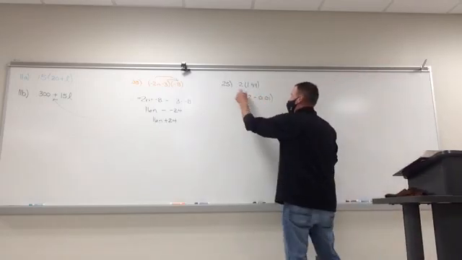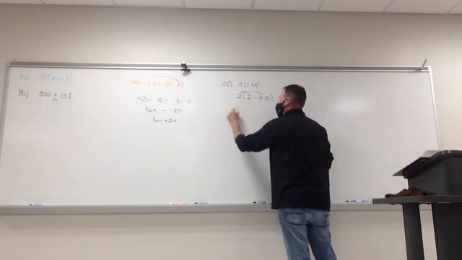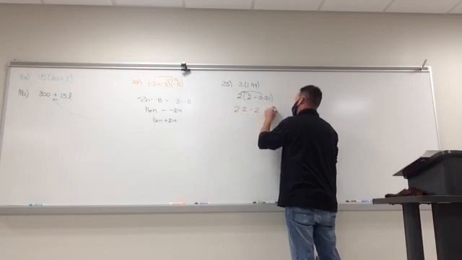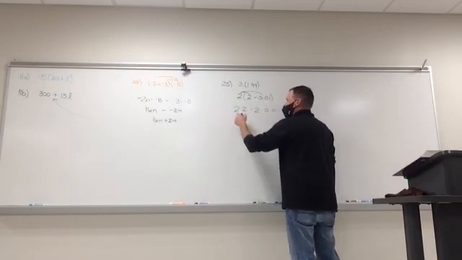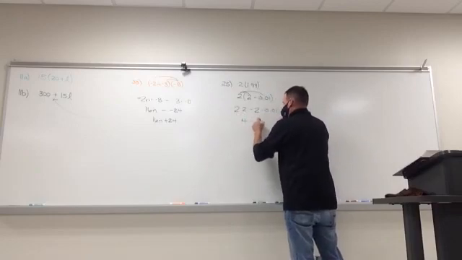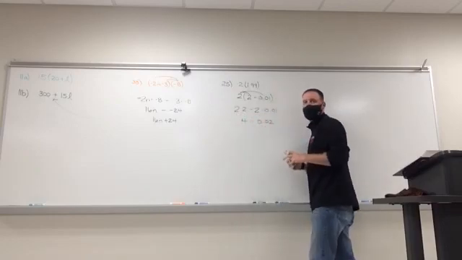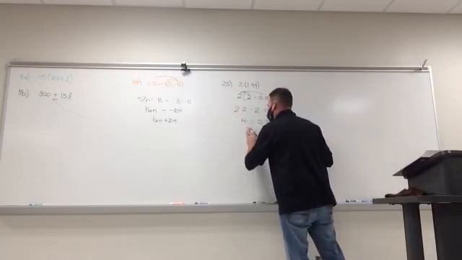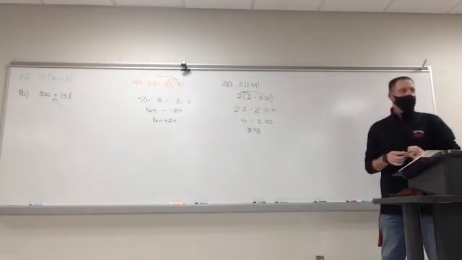So if I were to distribute 2 times 2 minus 2 times 0.01. Well, 2 times 2 is 4. 2 pennies is 2 cents. So if I have $4 and I'm subtracting 2 cents from that, that's going to leave me with $3.98.